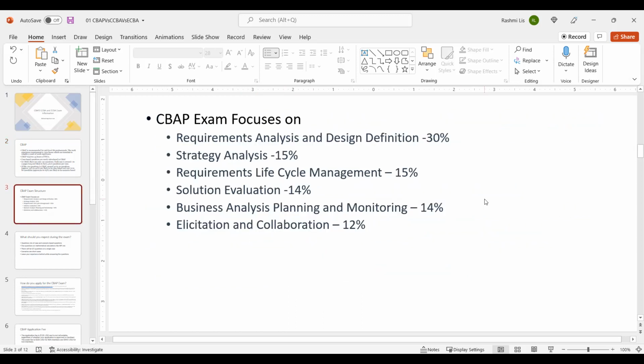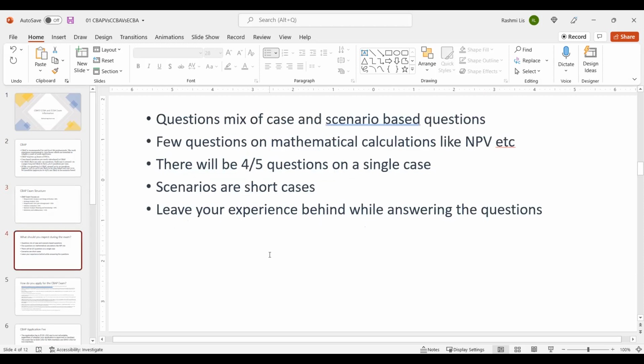The CBAP exam gives heavy weightage to requirements analysis and design definition. And then they give emphasis to strategy analysis, requirements lifecycle management, solution evaluation, business analysis planning and monitoring, and elicitation and collaboration is next. So as mentioned, there's a mix of questions.